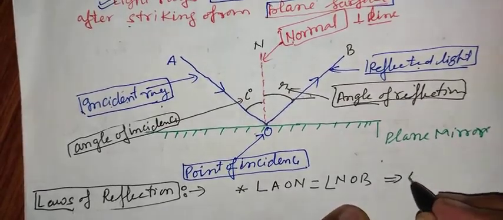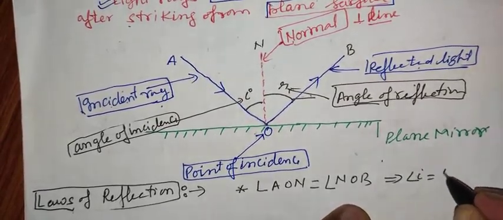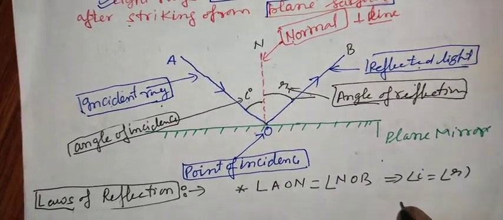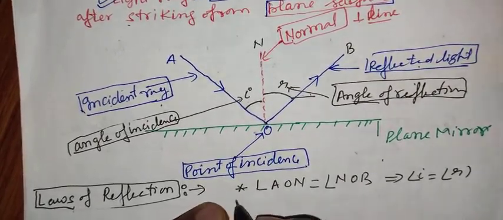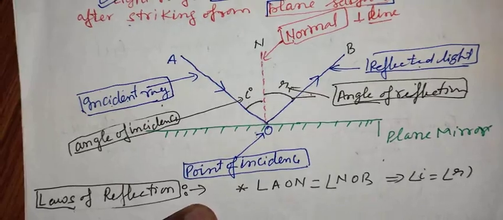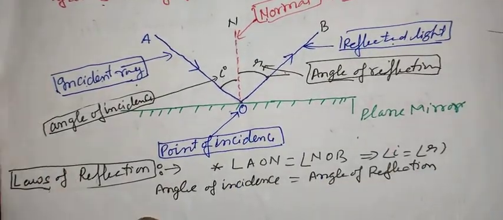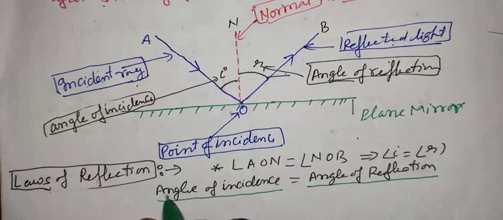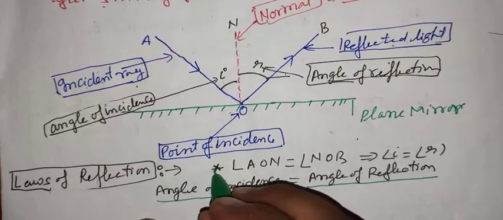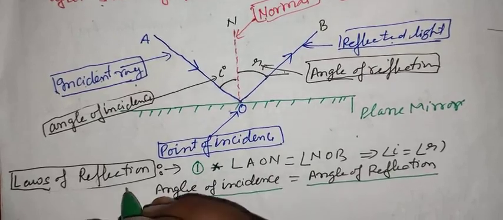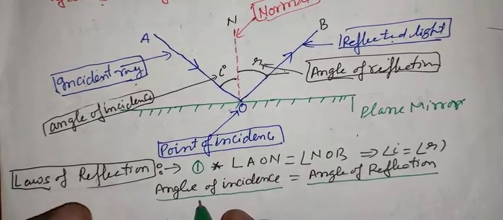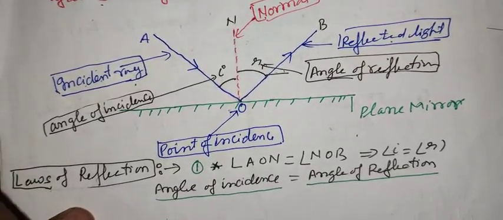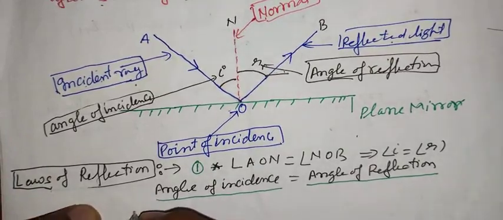This implies that the angle of incidence I is equal to the angle of reflection R. So one may write that the angle of incidence is equal to the angle of reflection. It is the first law of reflection.